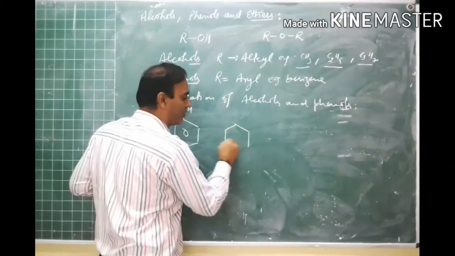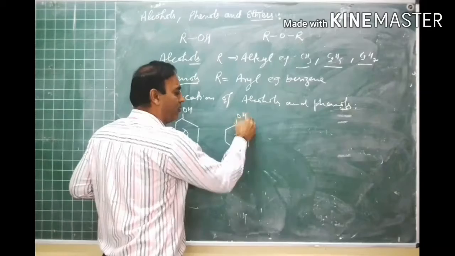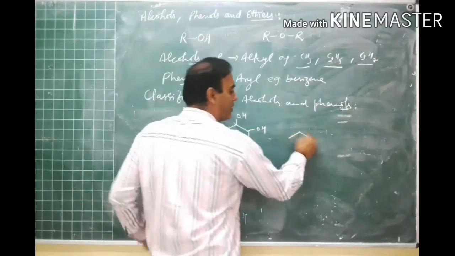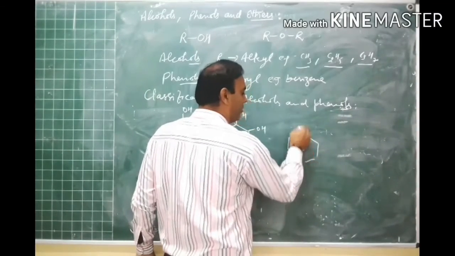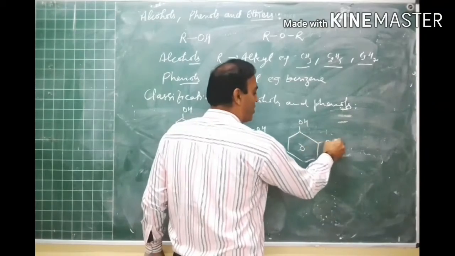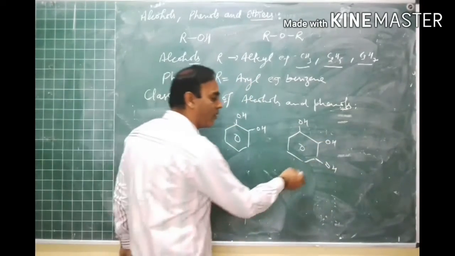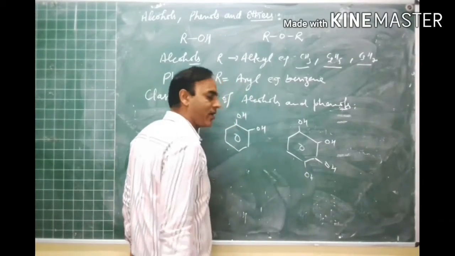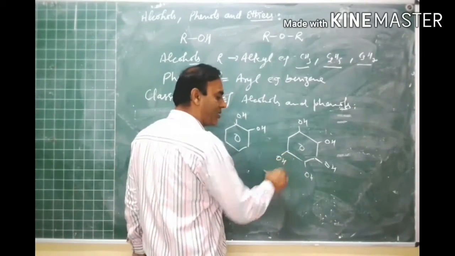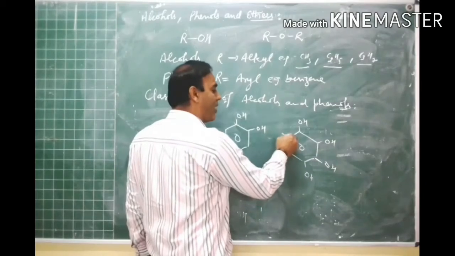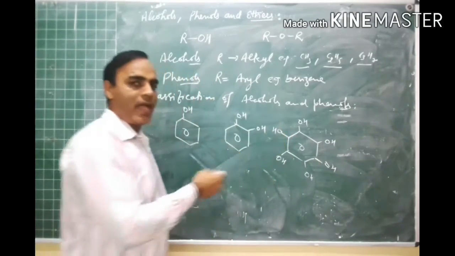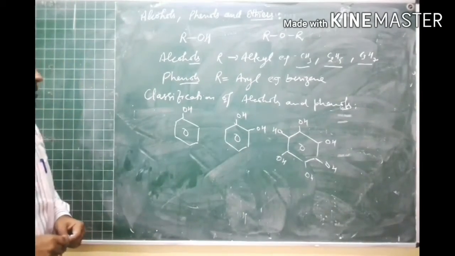This is dihydric phenol, and this is trihydric phenol, right? Similarly, you can write tetrahydric. If I write one more OH here, this will become tetrahydric. If I write one OH here, this will become pentahydric. And if I write one OH here, this will become hexahydric phenol, right?